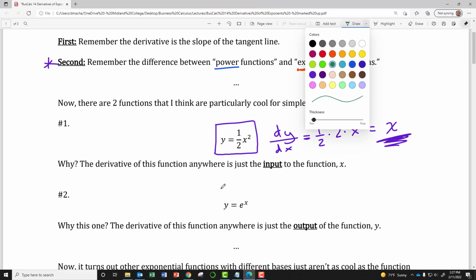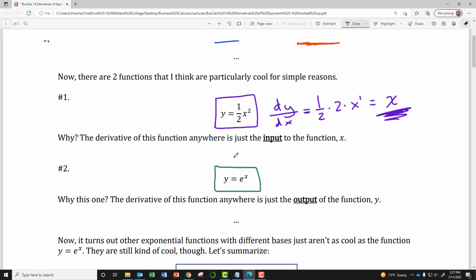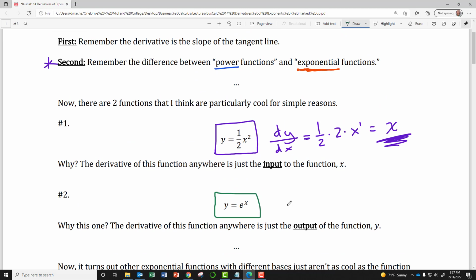Now, there's another function, with a similar property, but quite different actually. It's the function y equals e to the power x. And just as a reminder, e is a constant, and e has the value of about 2.718 or so.